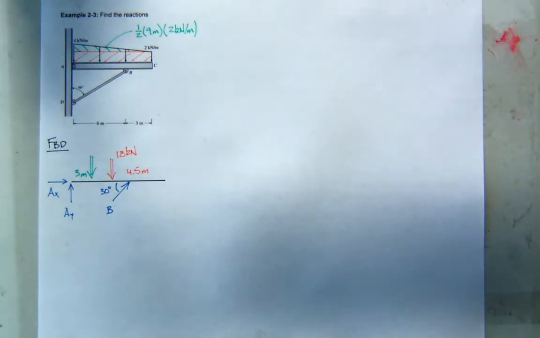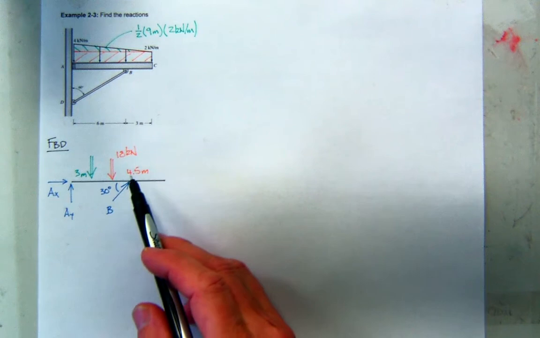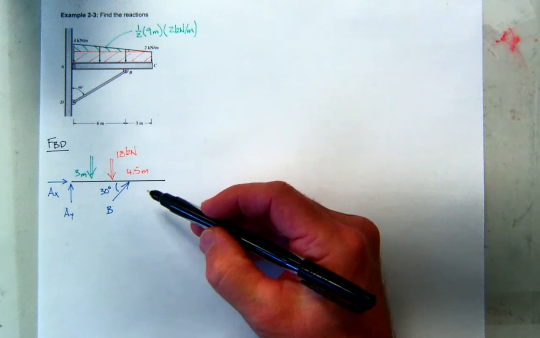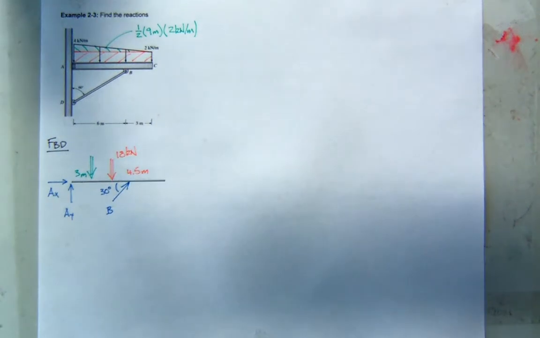So what should we do first? Should we sum forces in the x direction? No. Why? Because I have an unknown x here and an unknown x component of B. How about sum forces in the y? Same. One unknown here, one unknown here. Can't do that. So what are we left with? Summing moments. About where?